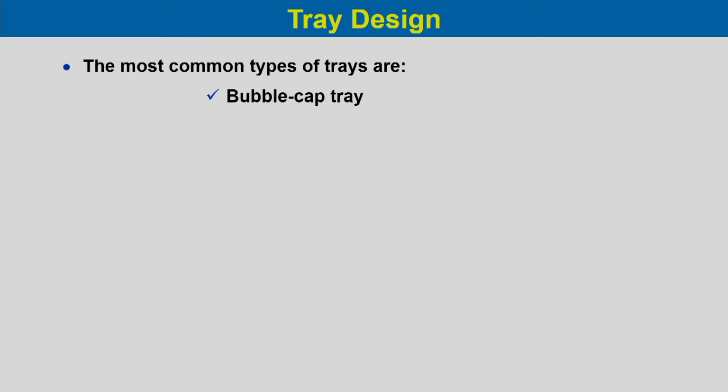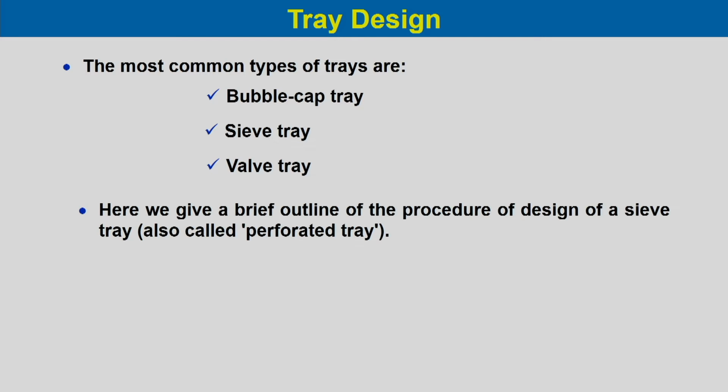The most common types of trays are the bubble cap tray, sieve tray, and valve tray. These we have already introduced in the last class. Under these trays we give a brief outline of the design procedure of the sieve tray, which is called the perforated tray.